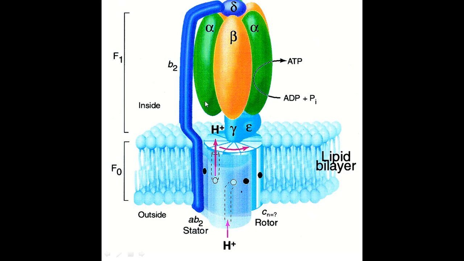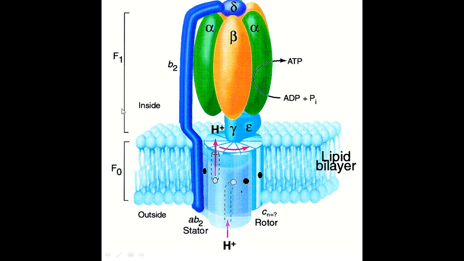It also has an alpha subunit, a beta subunit, a gamma subunit, a delta subunit and an epsilon subunit.